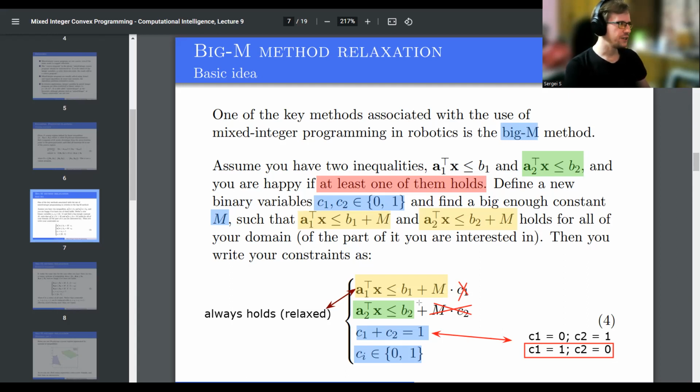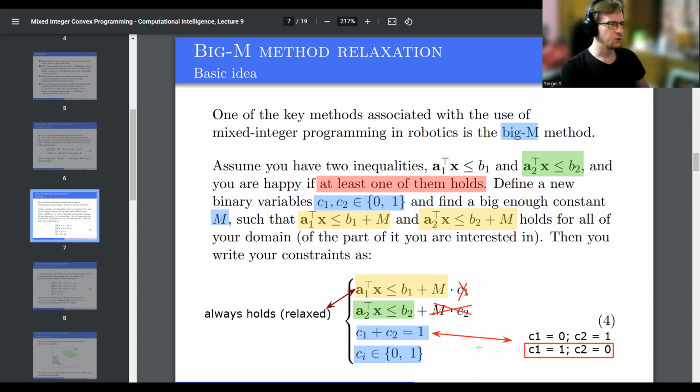By the way, when does the inequality have to hold? When C2 is equal to 0 or C1 is equal to 0. So if we put here bigger than or equal to 1, we can add a third scenario where C1 is equal to 1, C2 is equal to 1.